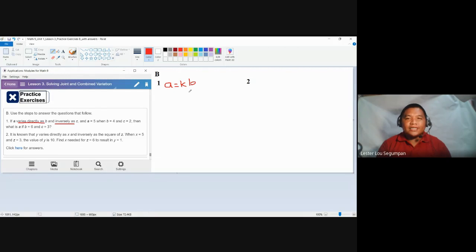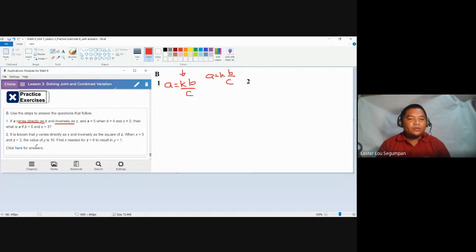And inversely, we know inversely is where we place the variable in the denominator. So we could actually do this. Or you could say A is equal to KB over C. It's just the same, but I would prefer this one because I'm already combining K and B in the numerator. So this is the statement for number 1.